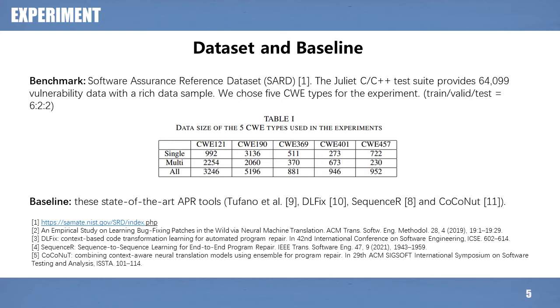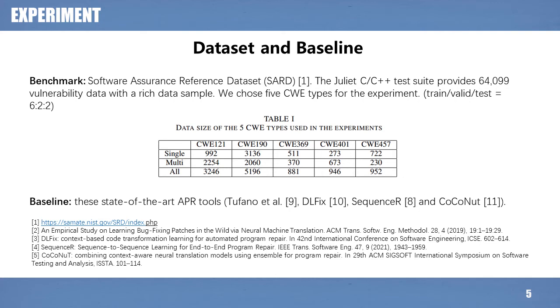Here, we will evaluate the specific performance of each model and tool on Juliet C. Limited by space, we didn't test hundreds of CWE types of vulnerability data, but select 5 of them for the experiment. The detailed data information is shown in Table 1.